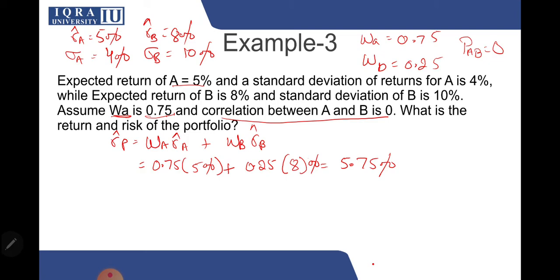Now we will also calculate the standard deviation of the portfolio. I'm going to erase this.